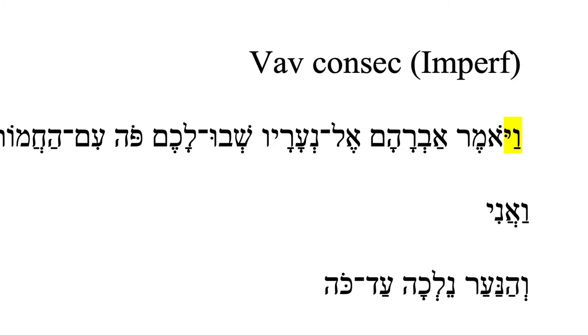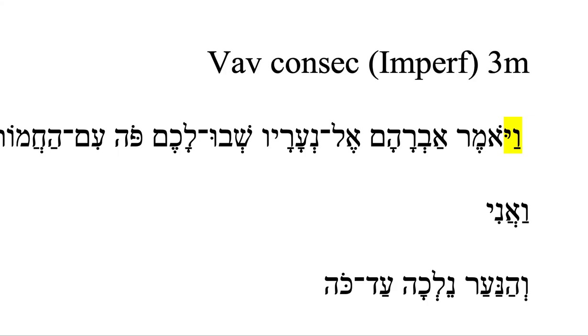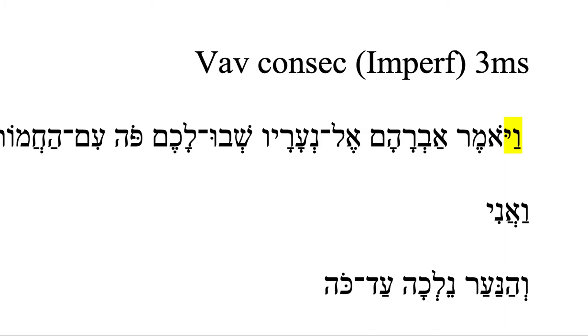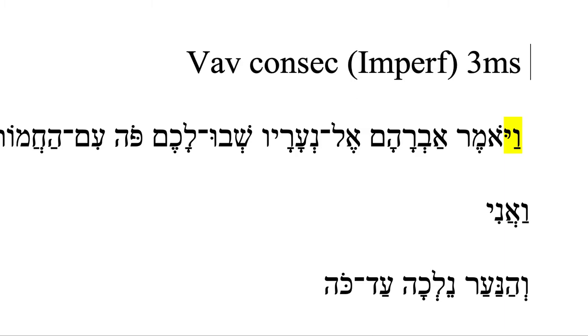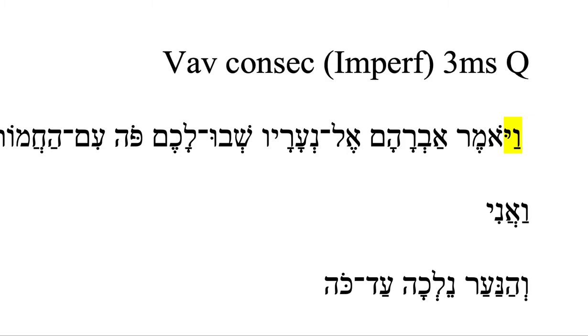And yod is third masculine. If you look at the end, is there the u? In this case there is no u, and therefore it's singular. If there is a u, it's plural. So vav consecutive 3ms. This is irregular, it's kal. And I would have told you it's kal, but the rest you know. And it's from the verb amar, which means to say or to speak.